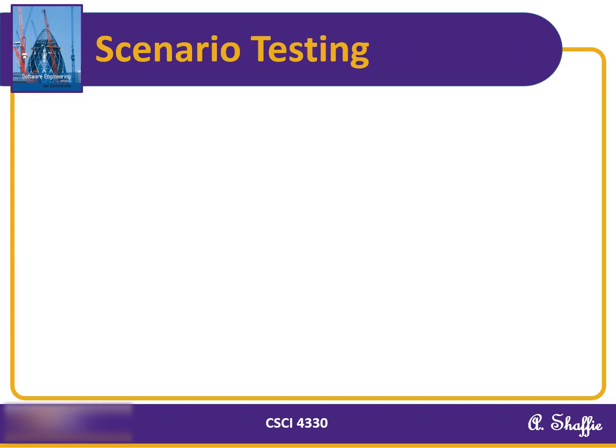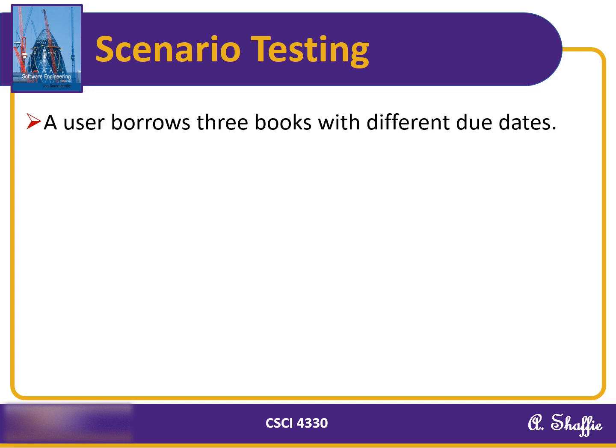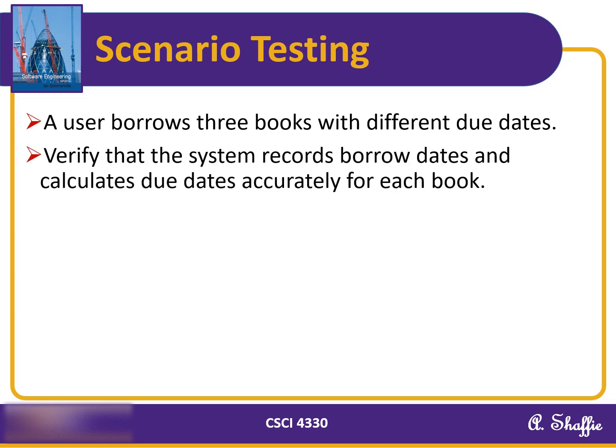Now let's look at an example of scenario testing using the same previous library management system. Here is the scenario. A user borrows 3 books with different due dates. We first verify that the system accurately records the borrow dates and calculates the due dates for each book. Next, the user returns the books.